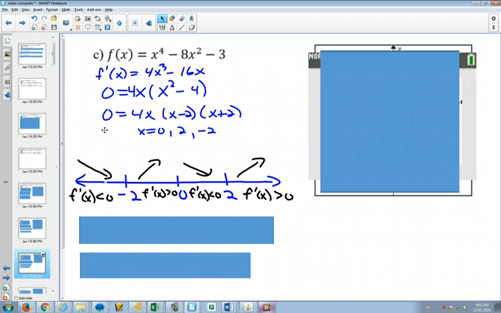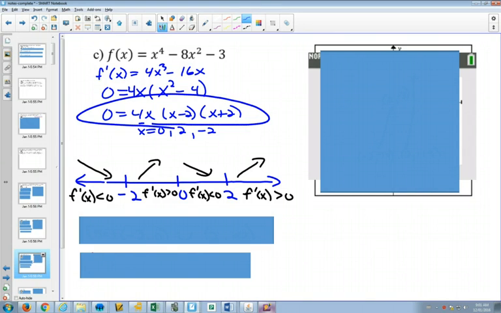And just as a way that I go about doing these, I usually go to my factored part, because if I'm going to try something like negative 3, I can tell that this first factor is going to be negative. This one's going to be negative, and this one's going to be negative. And a negative times negative times negative is going to be negative, and I know this section is going down. Rather than actually calculate things, which takes too long, I just need to know whether it's positive or negative.